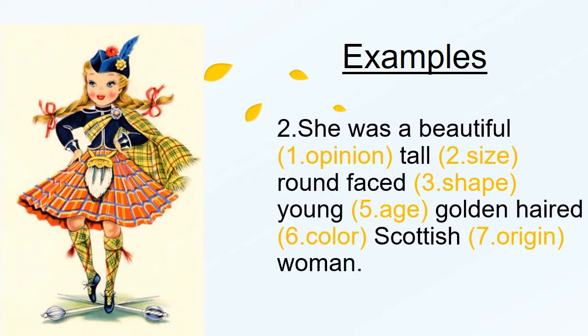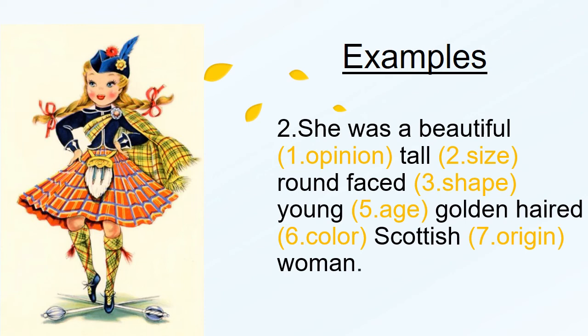She was a beautiful, tall, round faced, young, golden haired Scottish woman. In this example, we have written beautiful, that is an opinion, at the first place in the sentence. On the second number, we have written tall, that is the size and takes second number in the order.